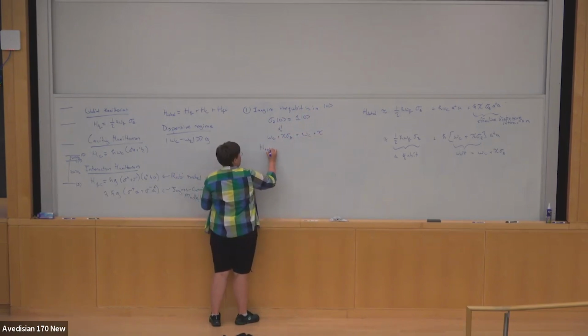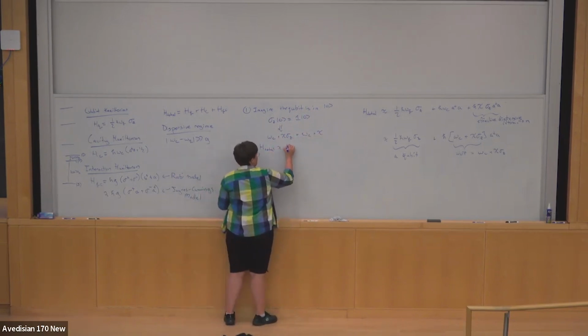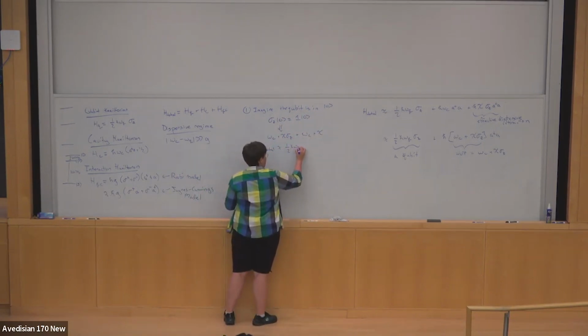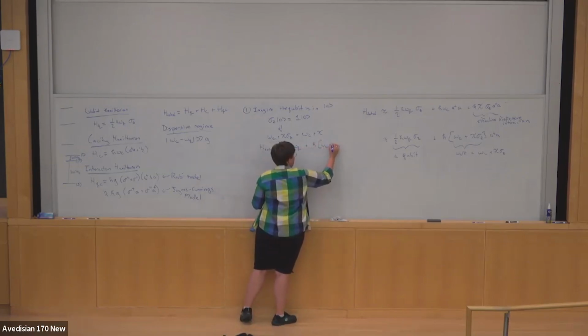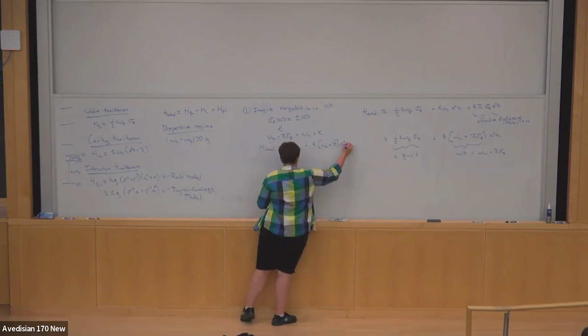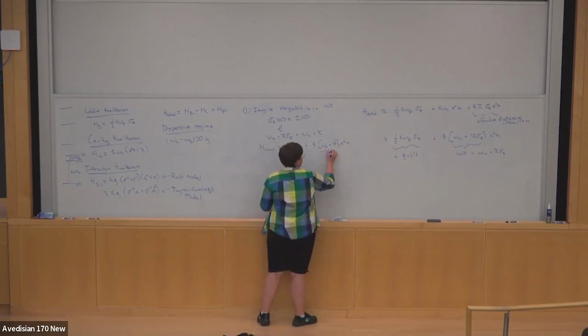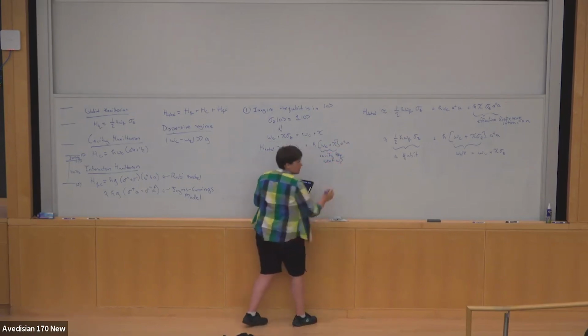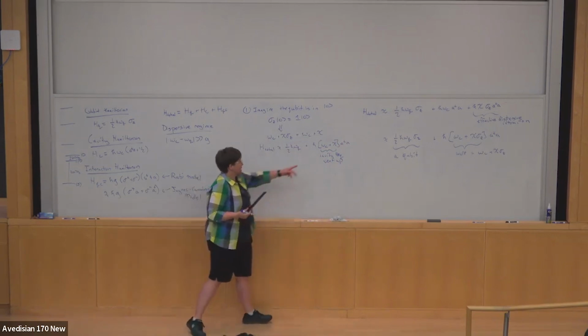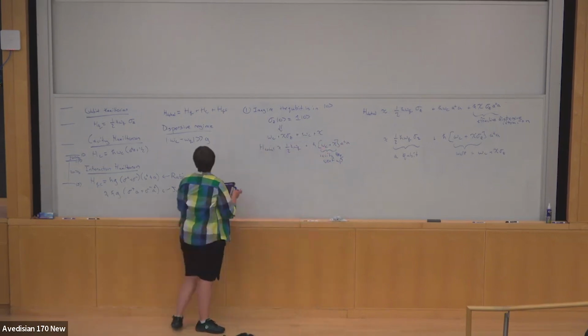And so our total Hamiltonian is essentially 1/2 h bar omega q plus h bar omega c plus chi a dagger a. And so the cavity frequency went up, assuming chi is positive. So we've added chi to the cavity frequency.